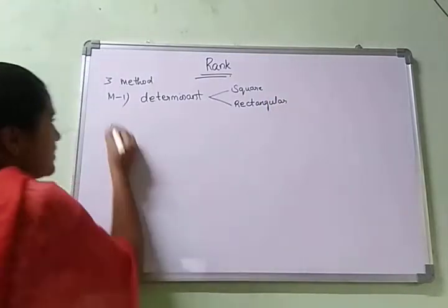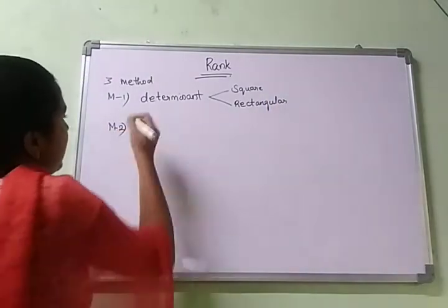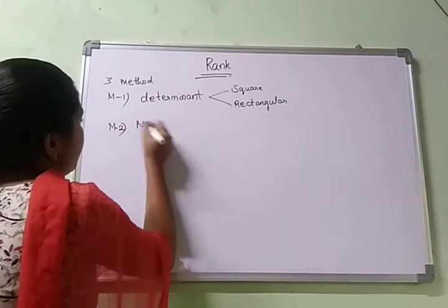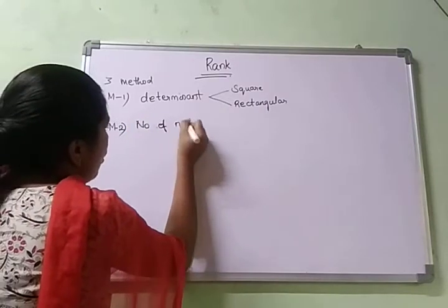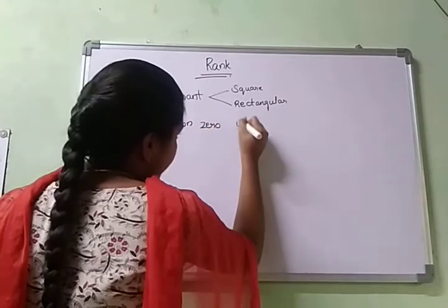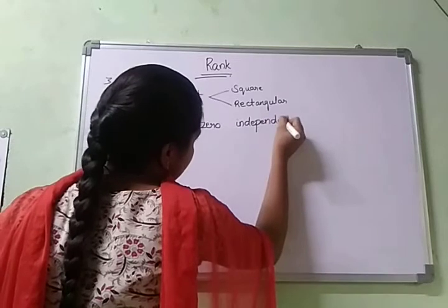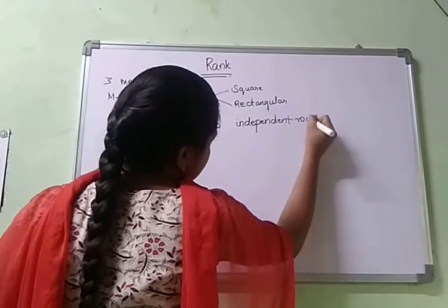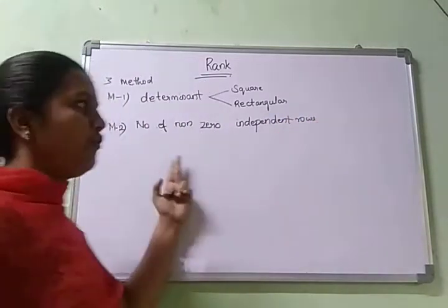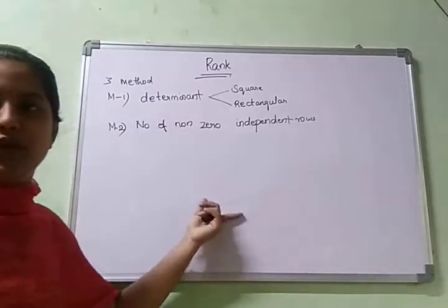Next, method 2 is the number of non-zero independent rows.